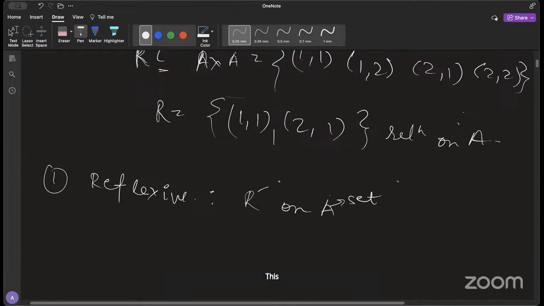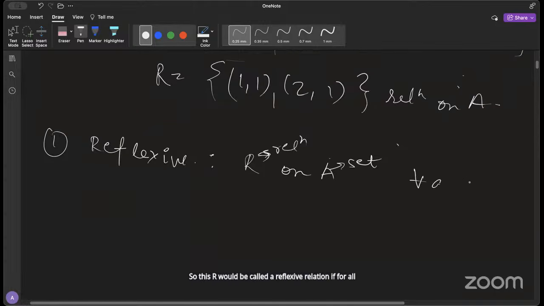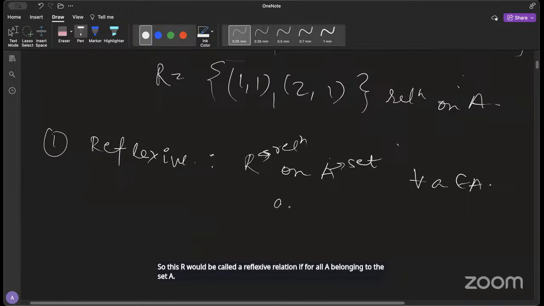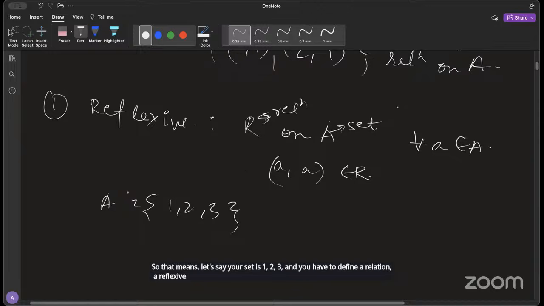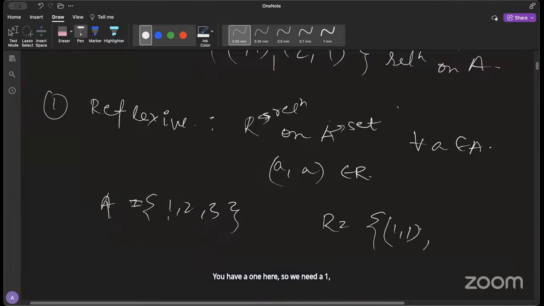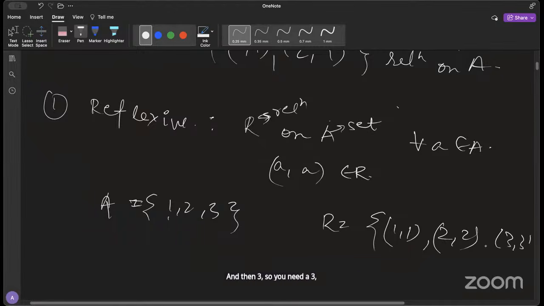This R would be called a reflexive relation if for all a belonging to the set A, (a, a) belongs to R. So let's say your set is {1, 2, 3}, and you have to define a reflexive relation on it. Then you'll have to define it such that you have (1,1) here, (2,2) here, and then (3,3) here. That's your reflexive relation.